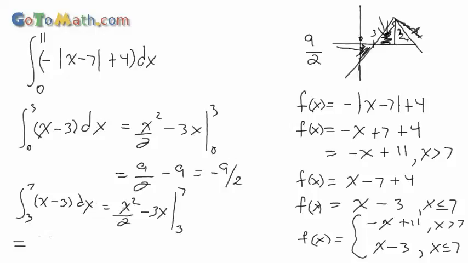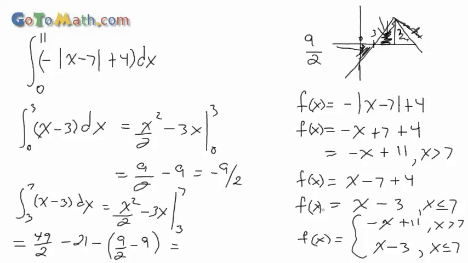So we have 7 squared is 49. We might as well try to do some calculations in our head. Minus 7 times 3 is 21, minus, start a parentheses right here, plug 3 in, 3 squared is 9, so we got 9 halves, 3 times 3 is 9. Alright, so we know what this is. We already did this. This is this right here, right? Negative 9 halves. Okay, but I'm going to go ahead and just plug it all in at one time there. So I'll let you try to figure that out.